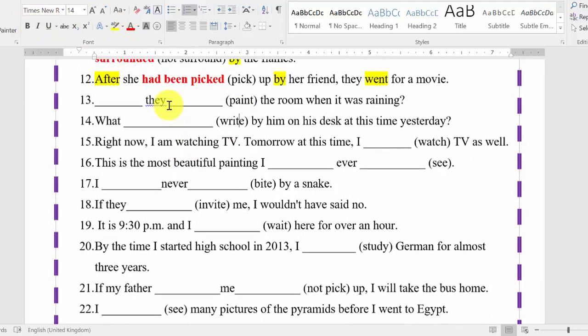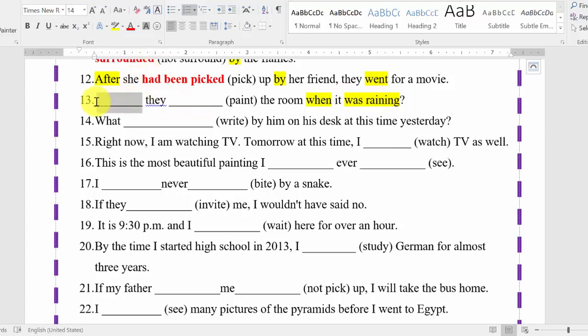Next one, 13. What the room when it was raining. So in the sentence here, when it was raining, your keywords are "when" and "was raining". When you have "when", it shows that two actions happen at the same time. So this should be the same tense as this one, past continuous tense.